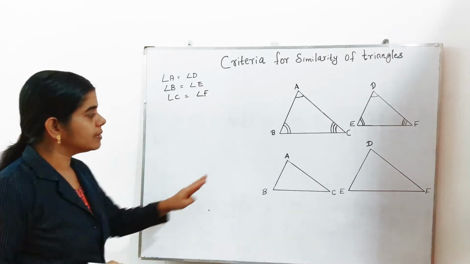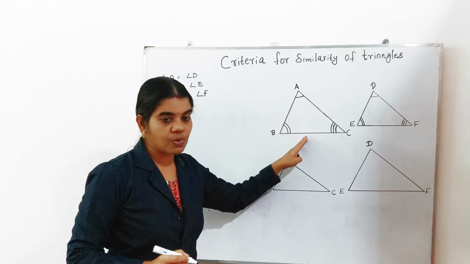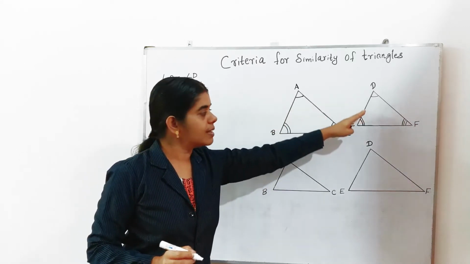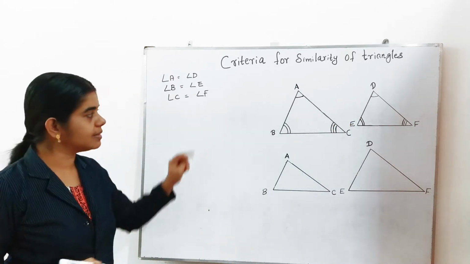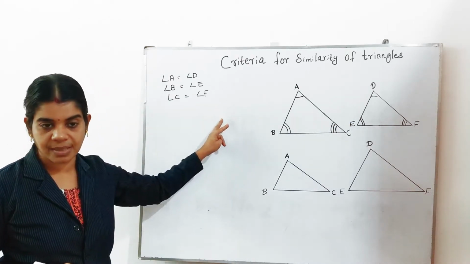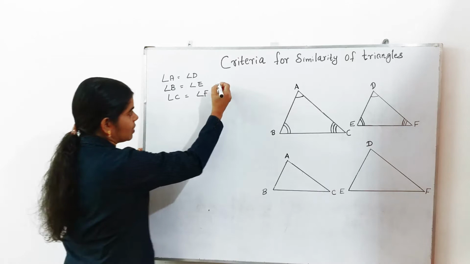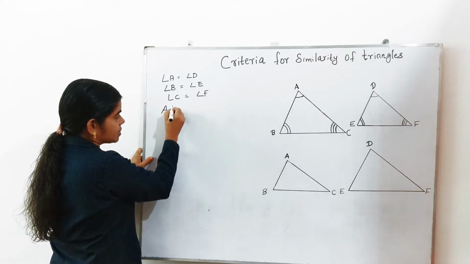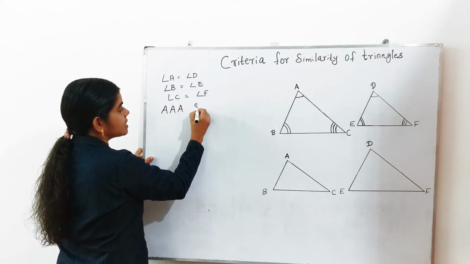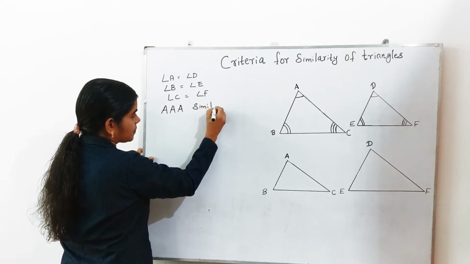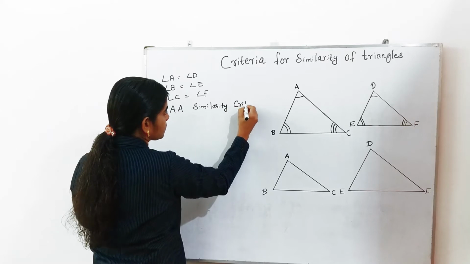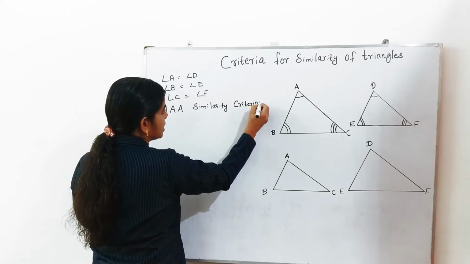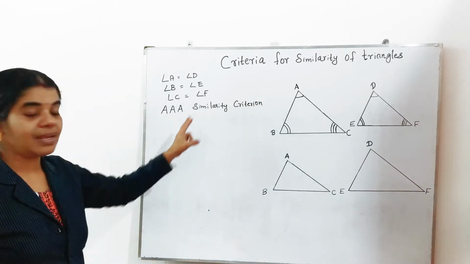So the three corresponding angles of one triangle are equal to the three angles of another triangle. Then these two triangles are similar, and this rule is known as the AAA similarity criterion or AAA similarity rule.